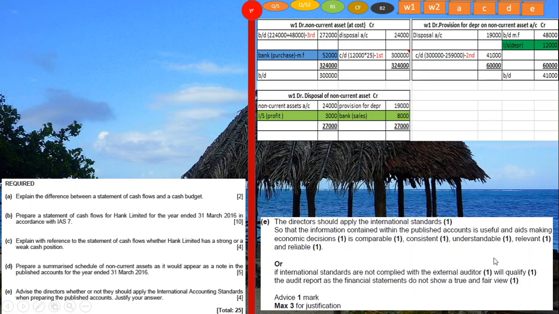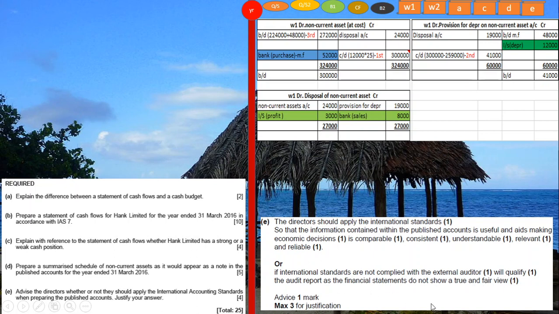the external auditor will qualify the audit report as financial statements do not show a true and fair view. So at the end of the financial year, the auditor reviews the books of accounts, he reviews the financial statements, and then he puts in his opinion. So while doing so, if international accounting standard is not followed, he will qualify it as not a true and fair view.